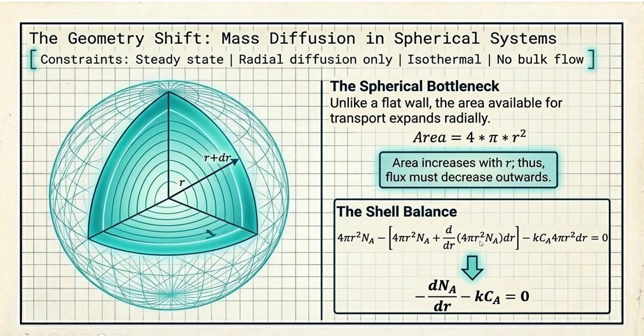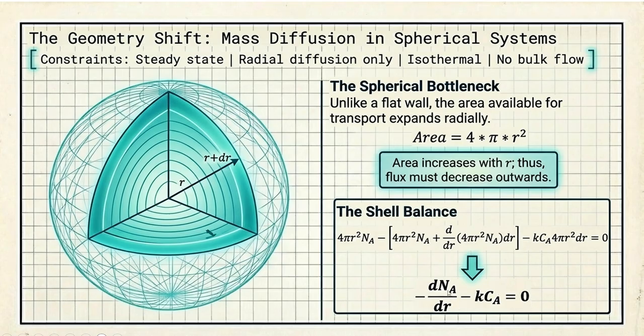this is the diffusion term, d by dr into dr, minus this is the generation term. So if there is a chemical reaction occurring, assume A to B of rate constant k, so we will use k C_A into surface area into dr. Substituting this, dividing by 4 pi r square, we will get minus dNA by dr minus k C_A is equal to 0.